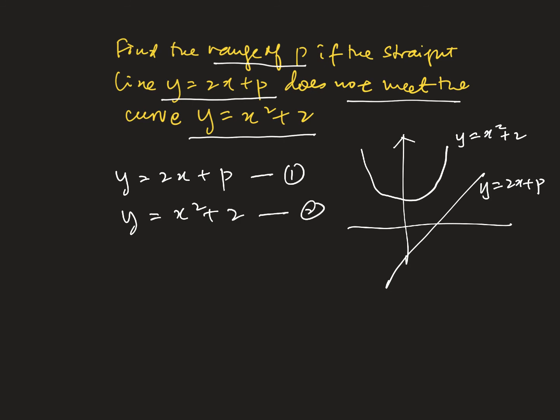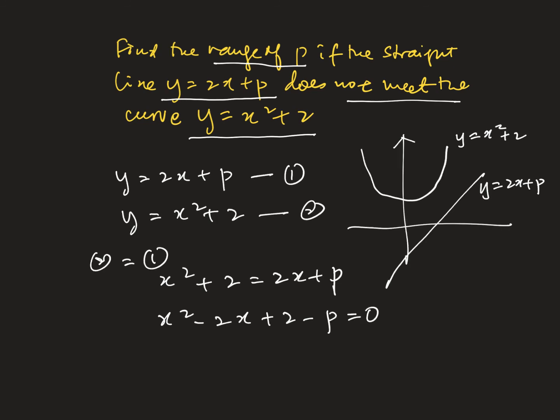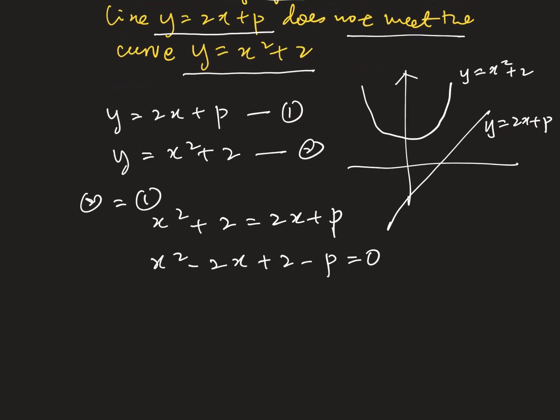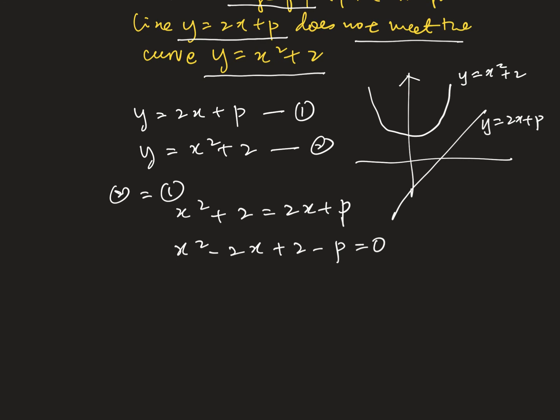To find the intersection point, we have to solve them simultaneously. 2 is equal to 1, so x squared plus 2 equals 2x plus p. So x squared minus 2x plus 2 minus p equals 0. This is our quadratic equation.